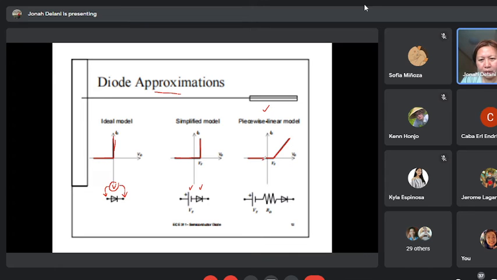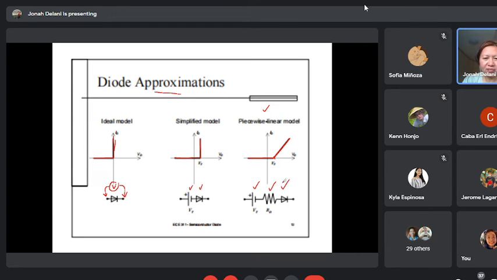So this piecewise linear model considers the diode as a switch that can be off and on. But if it is on, it conducts in only one direction. There is also a need to overcome the threshold voltage for the current to flow, and the diode also has a certain resistance.